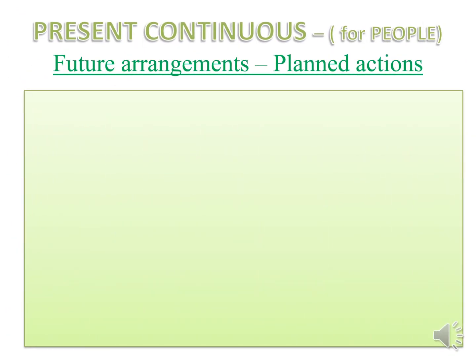Right, what about for people? And here we have to remember that when we talk about any future arrangement or planned actions for people, we have to use present continuous.